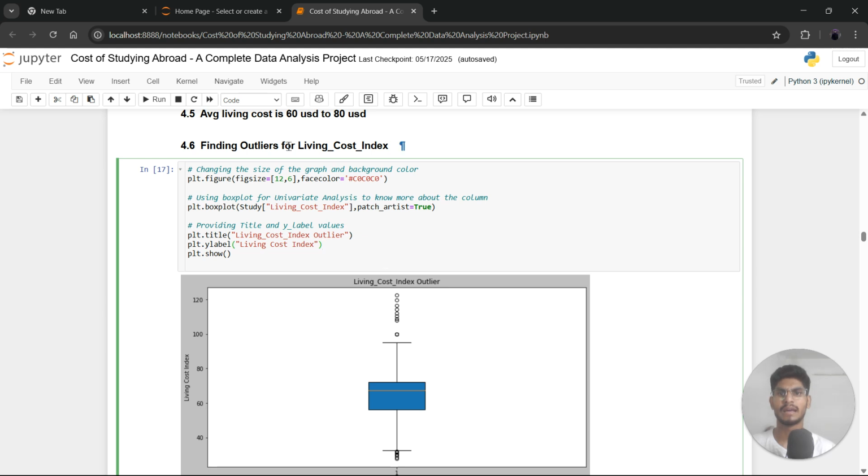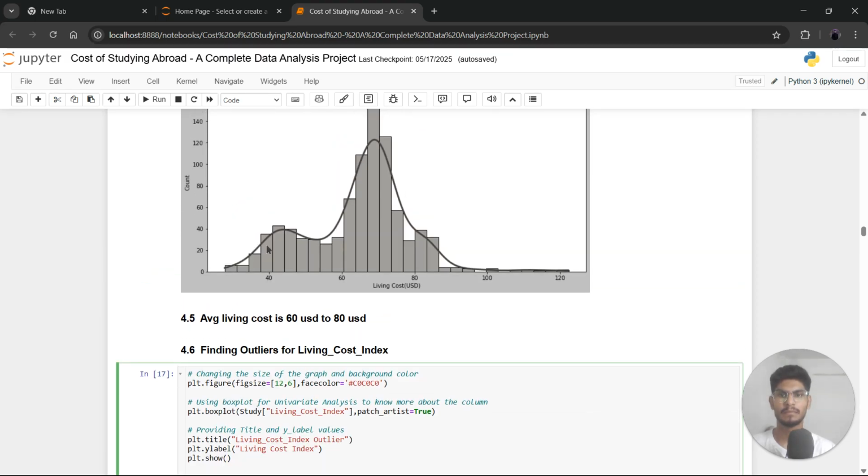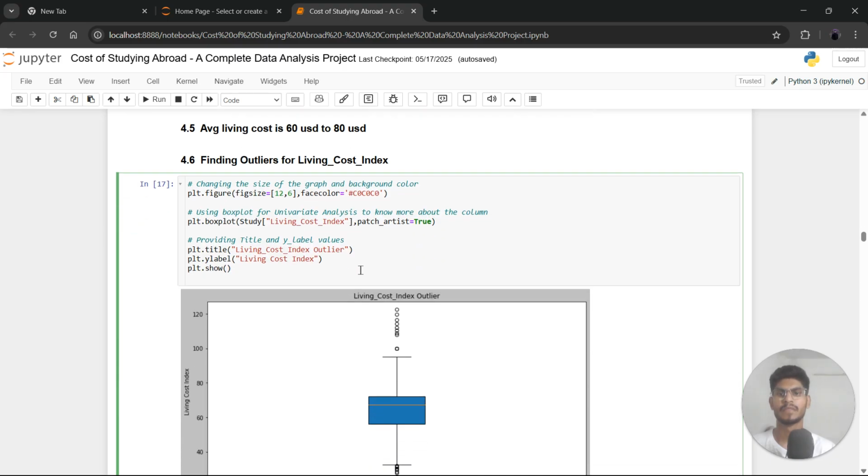So now again I'm finding out the outliers within the same column. So we are using plt.boxplot. Now we are using study living cost index. That was our column to see the distribution, and now we are finding the outliers.